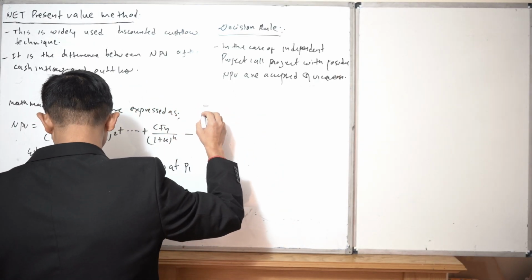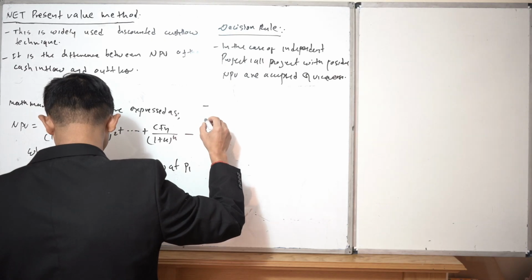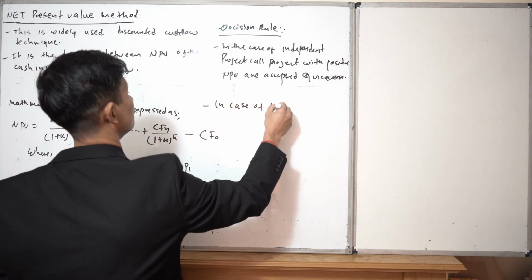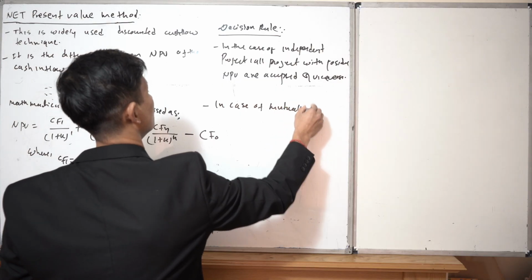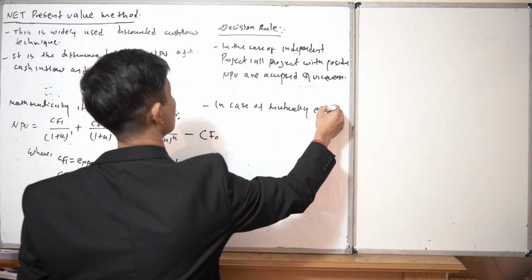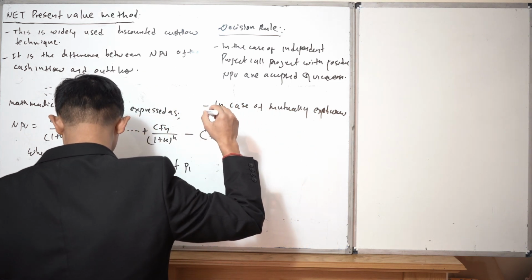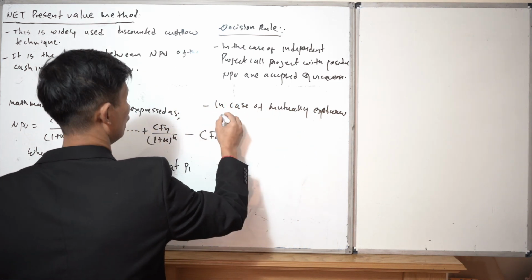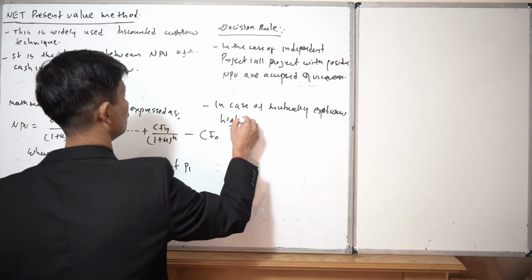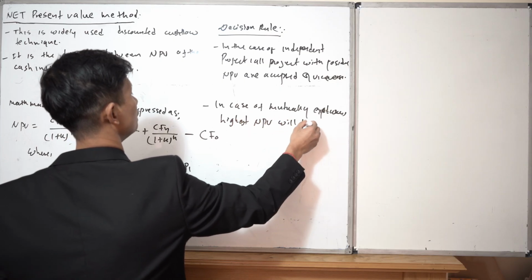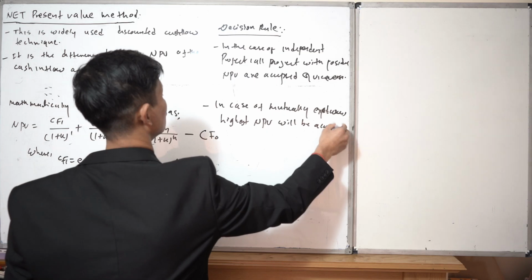And rule number 2: in case of mutually exclusive projects, the project with the highest net present value will be accepted.